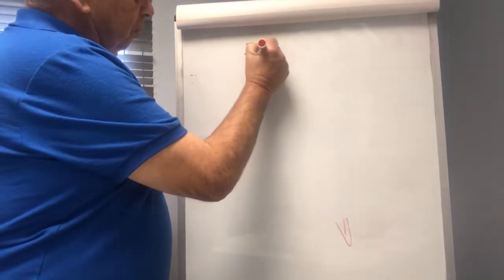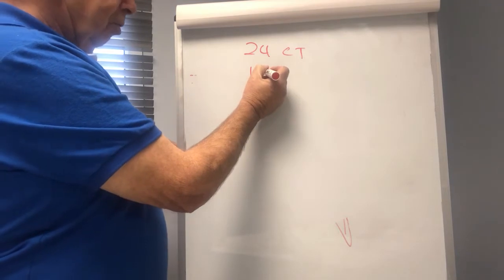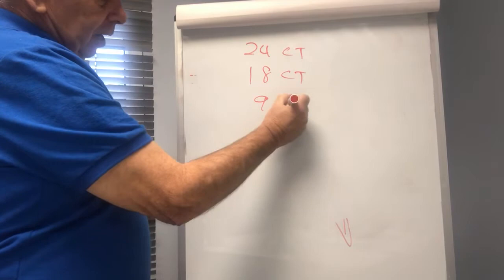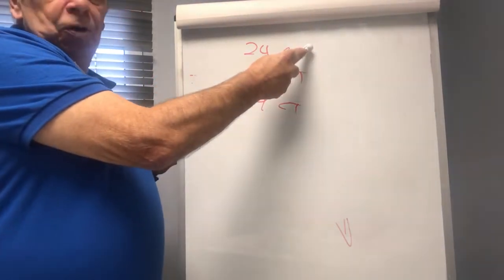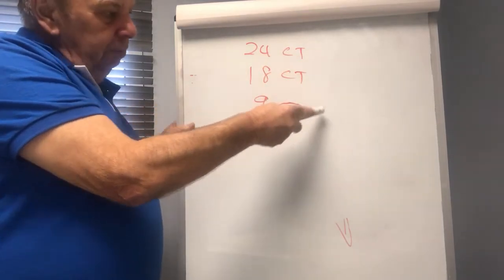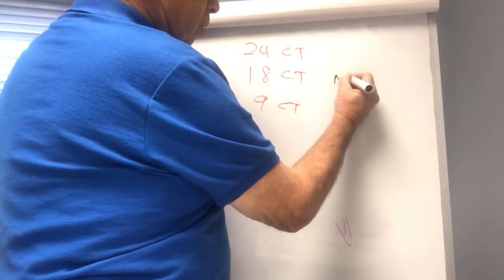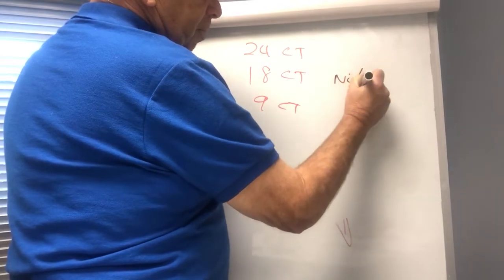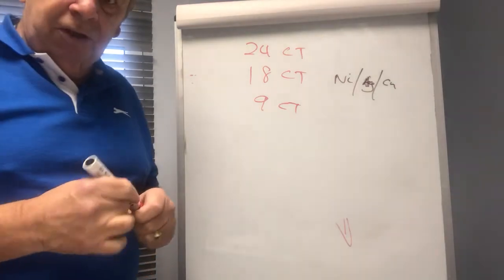Let's look at gold. Gold, when it's pure, is 24 karat gold. Then you get 18 karat gold, then you get 9 karat gold. What is the difference? This is pure gold, then impure gold. And if I add things like nickel and silver, Ag by the way, and copper, it changes the properties of the gold.